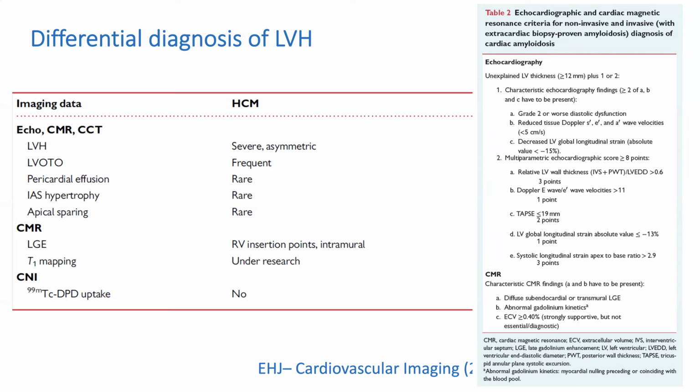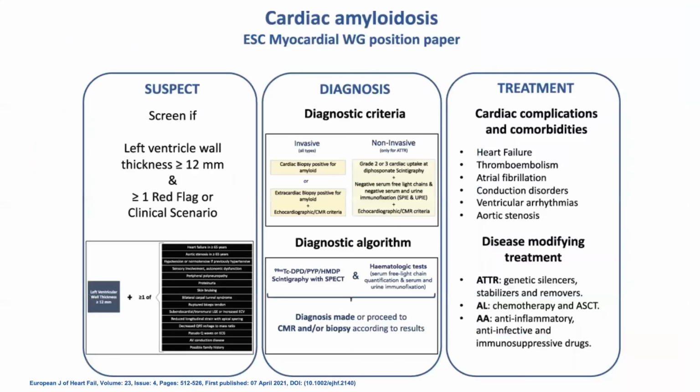But where is nuclear cardiology in this algorithm? This is a very nice flow chart that you can use for the evaluation of your cardiac amyloidotic patient. And as you can see here, the use of bone scan in this algorithm is very well established.